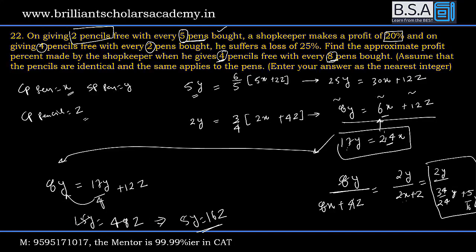(34/24) is 1.41, and what is 5/16? 1.71. 1.729.